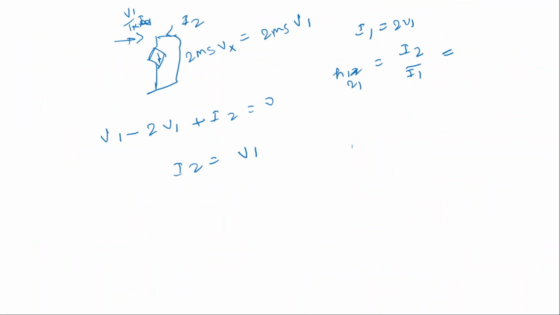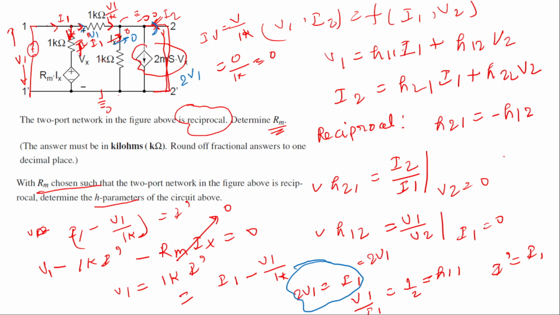So H21 will be our V1 by 2V1, which will be equal to 0.5. So this is our equation 1. Now let's solve for the other case.